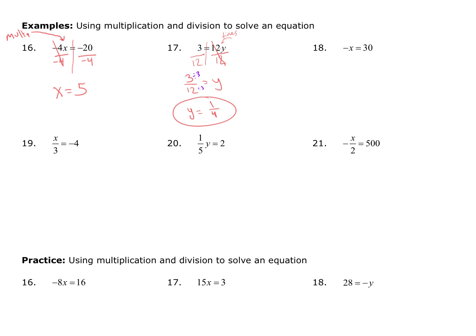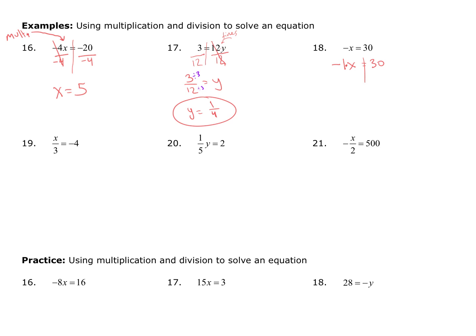Let's see, 18. Negative x equals 30. Whoa, what's going on there? If I see negative x, another way to write that is negative 1x equals 30. So I just write that. And now, again, we're multiplying negative 1 times x.